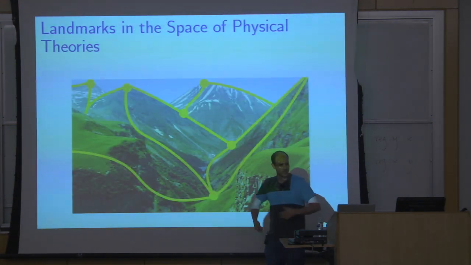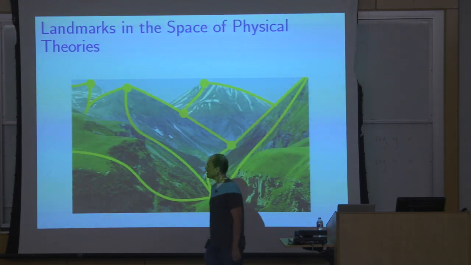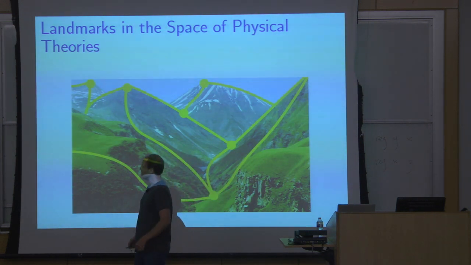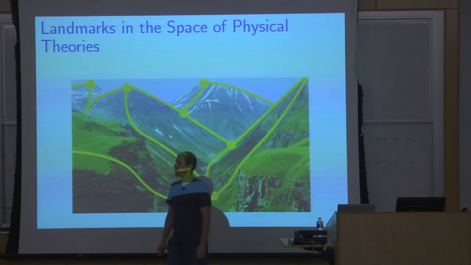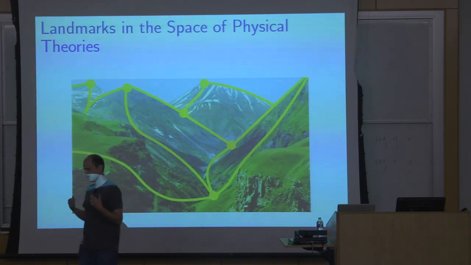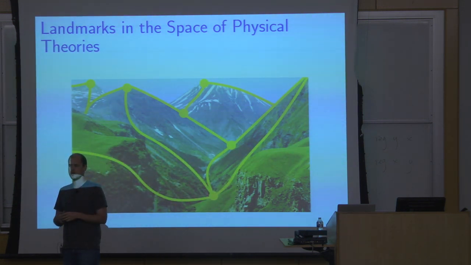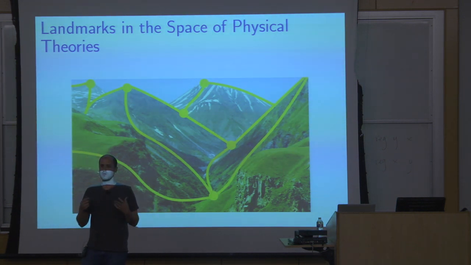And one of the other things that I like about CFTs is that they're landmarks in the space of physical theories. There's a big program to basically try to understand the space of quantum field theories by starting with conformal field theories. And then once you understand a specific point very, very well, you can try to move away from it a little bit.